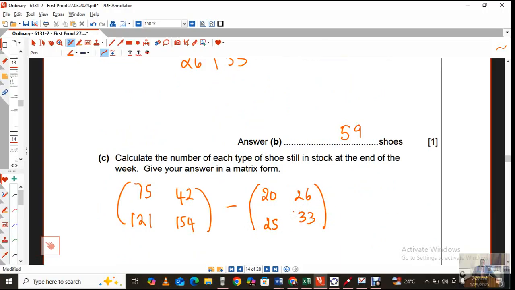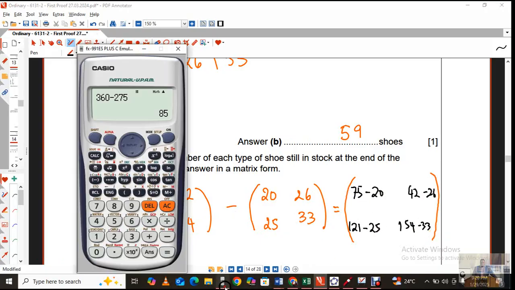So this becomes very straightforward. You will be subtracting 75 minus 20, 42 minus 26, 121 minus 25, each corresponding, 154 minus 33. 75 minus 20 is 55.